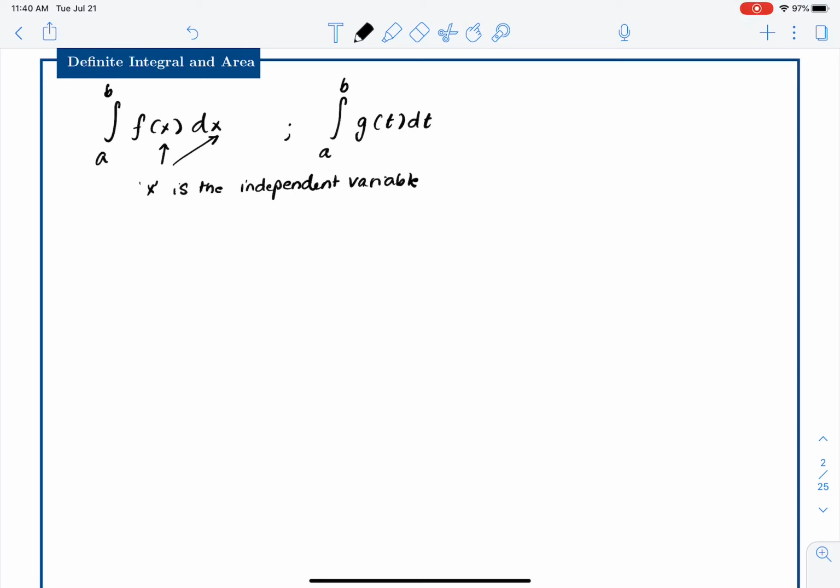Here you can see those two numbers are exactly the same, and t is the independent variable. Another thing to note is that integrating a to b of f of x dx will result in a number.